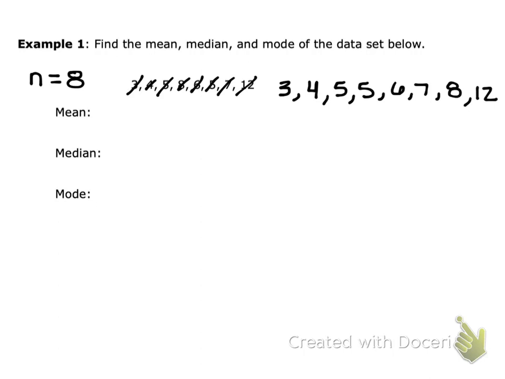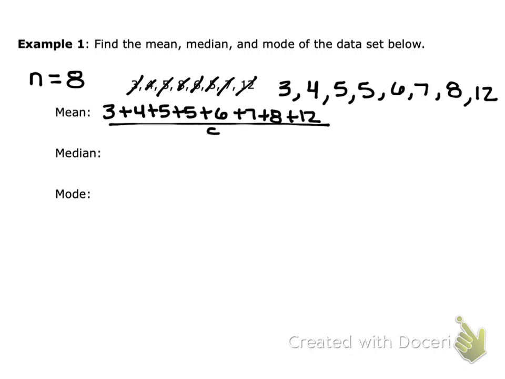When we calculate the mean, what we're going to do is take all of our numbers and add them up. And then we're going to divide that by the number of numbers, which is 8.